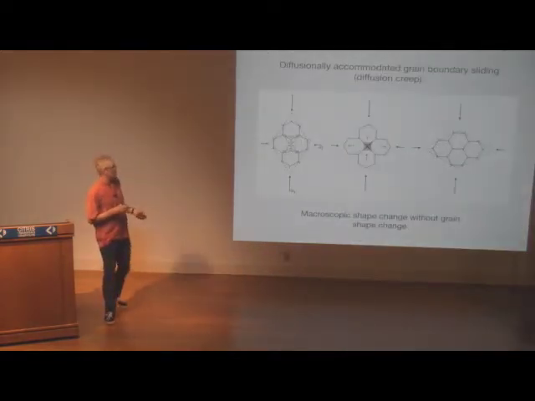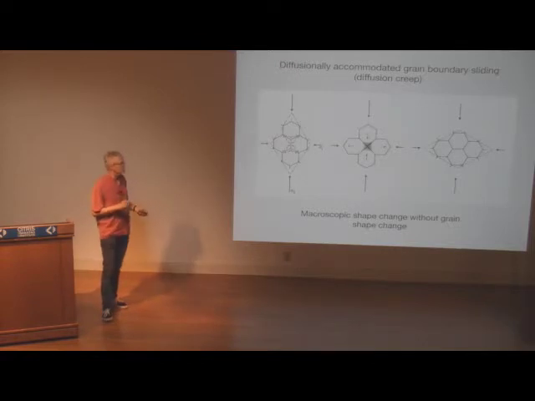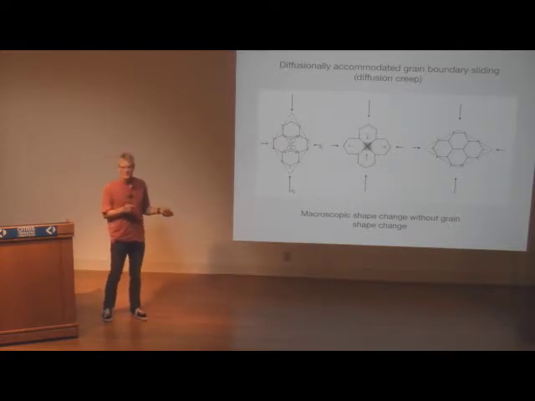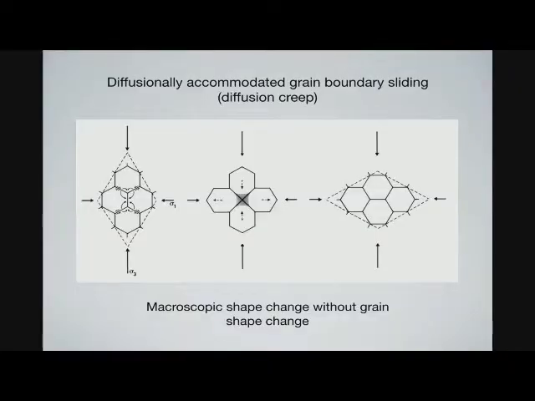So that led to the concept of diffusionally accommodated grain boundary sliding, that diffusion just accommodates. So here, this is the model before deformation, you apply a stress, and then diffusion just accommodates the grains sliding past each other. But in the end, you have a macroscopic shape change, but the grains are still equiaxed.